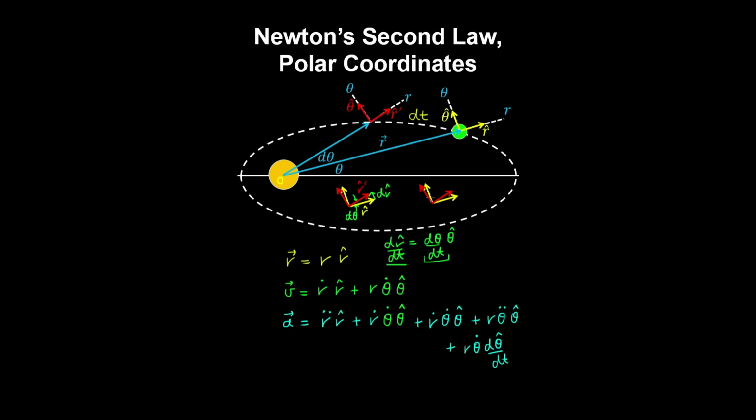And d theta dt can be obtained in a similar way. And now substituting for this derivative, we can group the terms in the radial and theta directions.